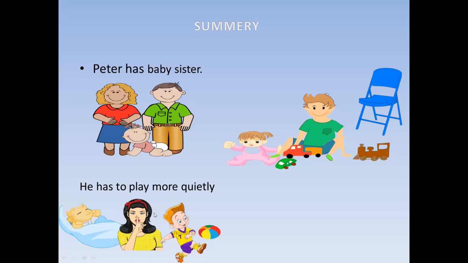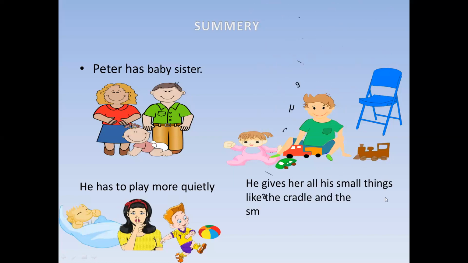She makes a shh. So he has to play more quietly. What else? He gives her all his small things like the cradle and the small chair. So we know that Peter has a baby sister, right? He has to play more quietly and he gives his sister all small things like the cradle and small chairs.